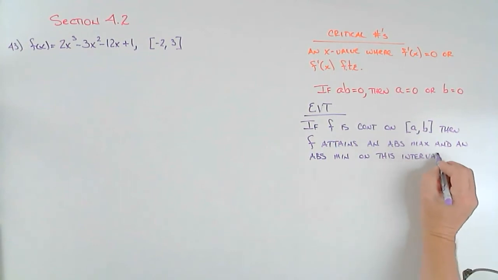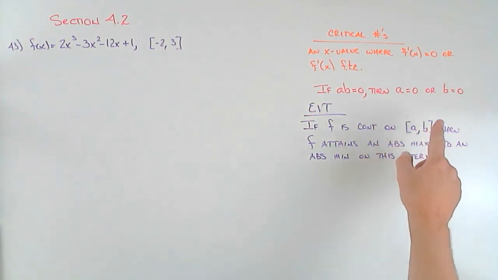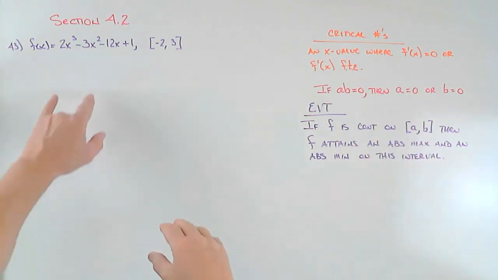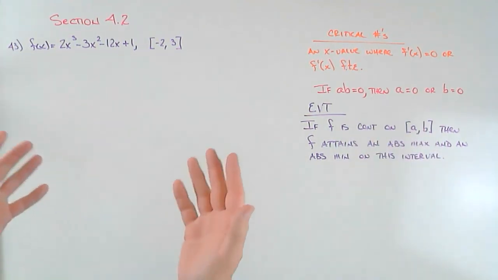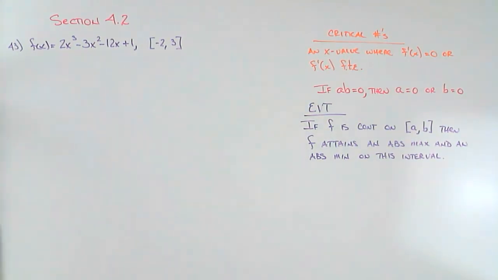We call it the extreme value theorem because it says the function is going to have an extreme value. The key here is we've got to be continuous, and it has to be continuous on the closed interval. We do have a polynomial. Polynomials are continuous everywhere, and we have a closed interval. So this problem is going to have an absolute max and an absolute min.